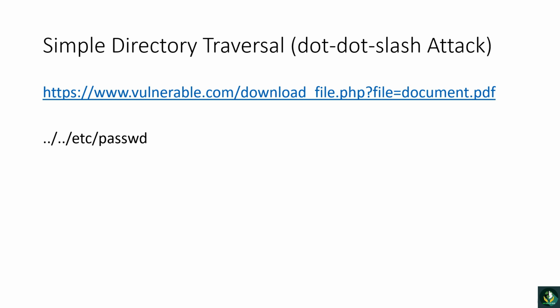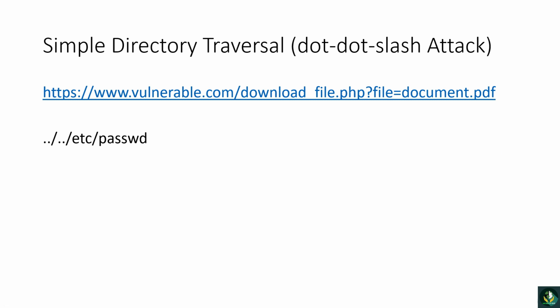For example, the user provides a file name like document.pdf and the website downloads the file to the user's computer via this link. If the website is hosted on a Unix or Linux system, website files are typically stored in the /www directory, which is two directories above the root.